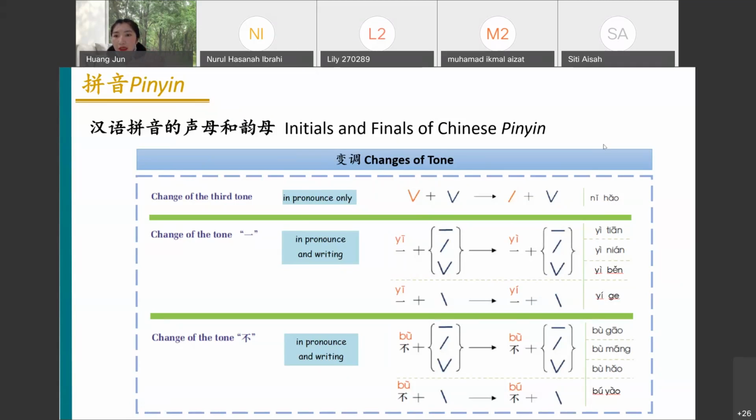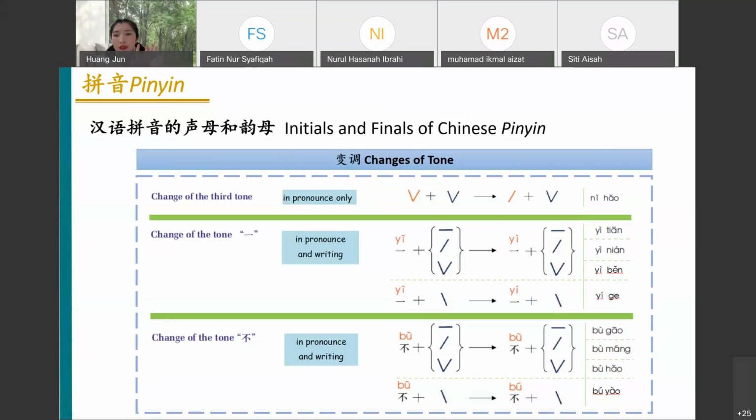For example, read after me, try to feel it, okay? The first word we are reading, N-I with tone number 3, is 你. Okay, the first word here is 你. Then the second word over here, 你, means you, Y-O-U. Then another word, 好. Very good. One more time, 好. 好 means good.